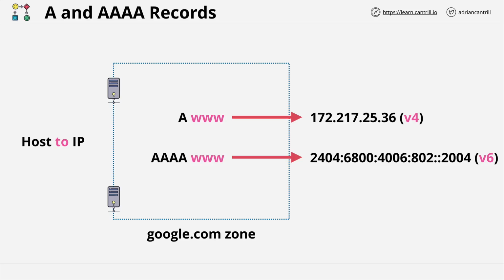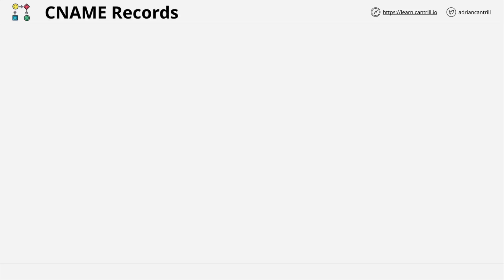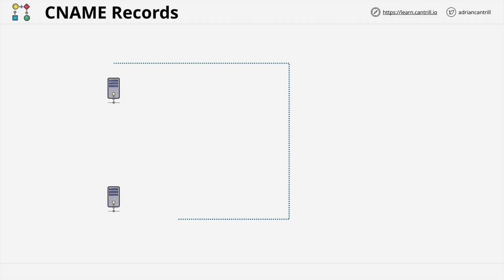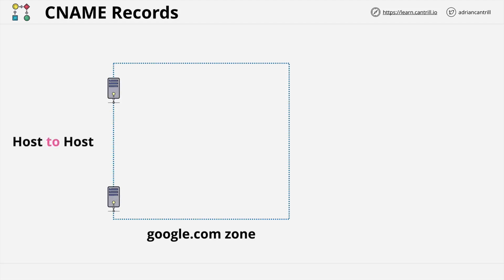Now next up is the CNAME record type, which stands for canonical name. For a given zone, the CNAME record type lets you create the equivalent of DNS shortcuts, so host-to-host records. Let's say that we have an A record called server, which points at an IP version 4 IP address.